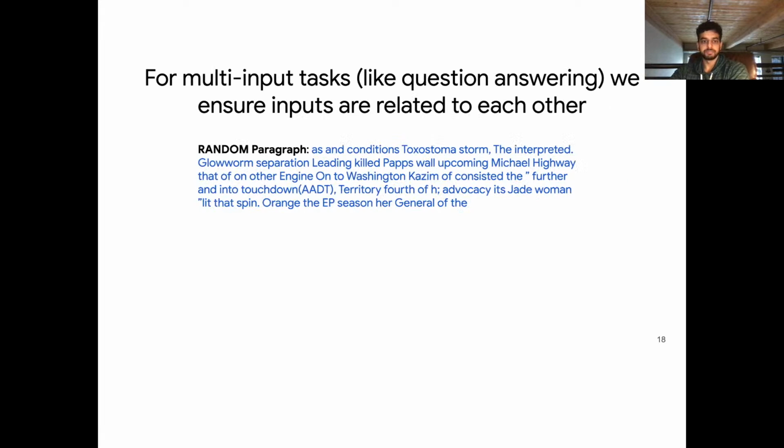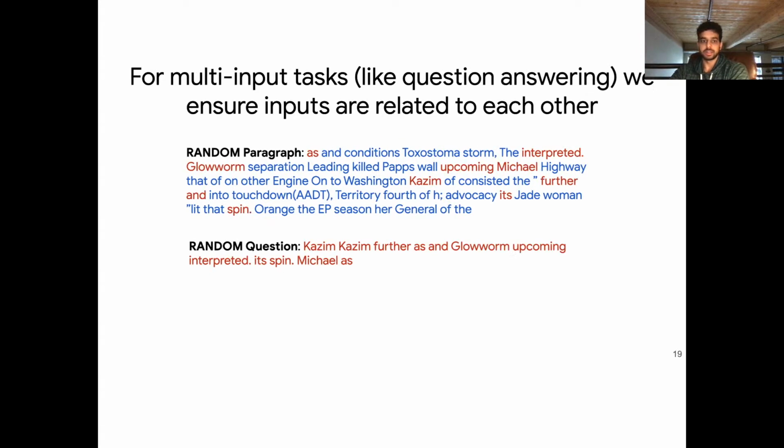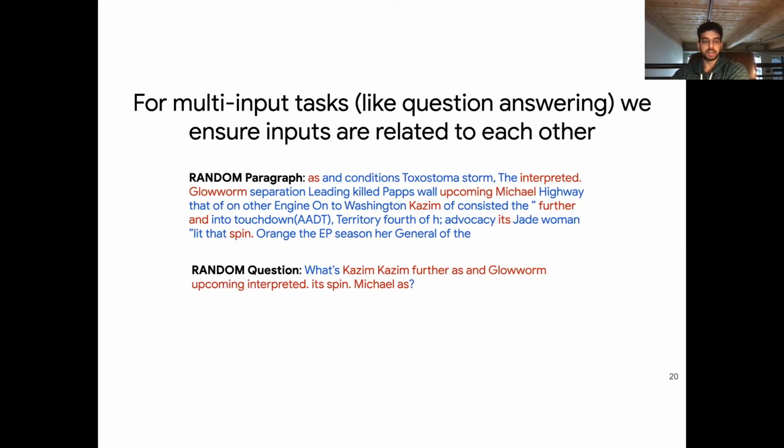So for something like SQuAD, there are actually two inputs, right? There's a paragraph as well as a question. So we had these two settings where in the random setting, the question was a subset of the random words in the paragraph, because we know that there's some kind of a relation between question and paragraph.